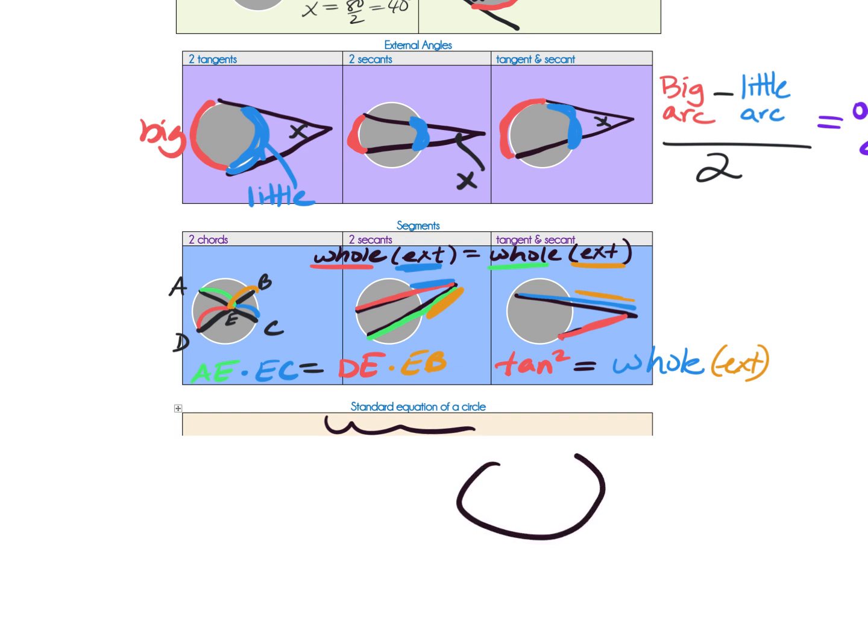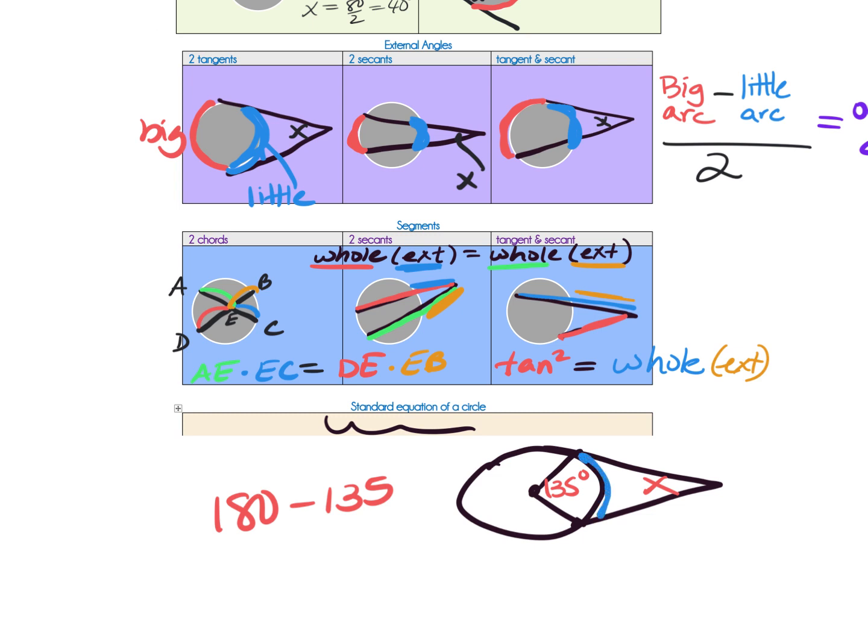So if you have a circle, and let's say we have a circumscribed angle, remember its measure, if I put an X here, is just going to be 180 minus the central angle that has the same intercepted arc.